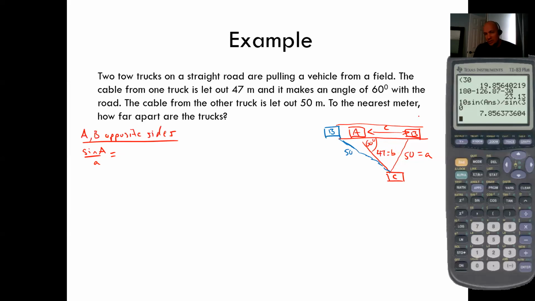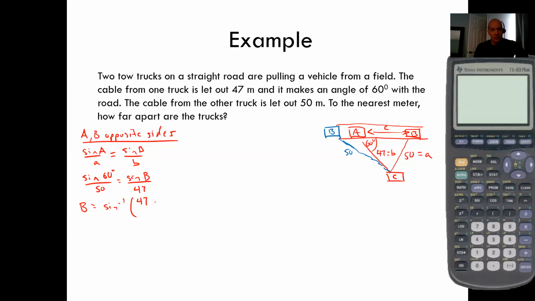we don't know side C or angle C, so we're not going to use that, but we're going to use sine of B over little b. So we have sine of A, which is 60 degrees, over side A, which is 50, equals sine of B, which we don't know, over 47. Solving for B, we'll inverse sine. We'll take the 47 up to the other side.